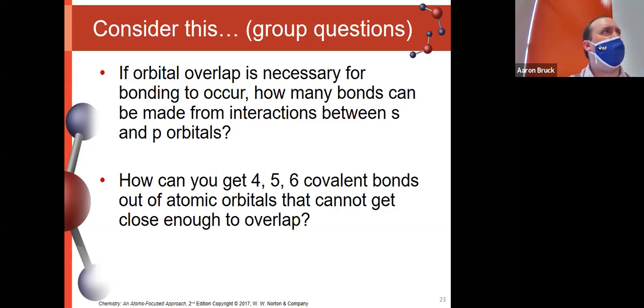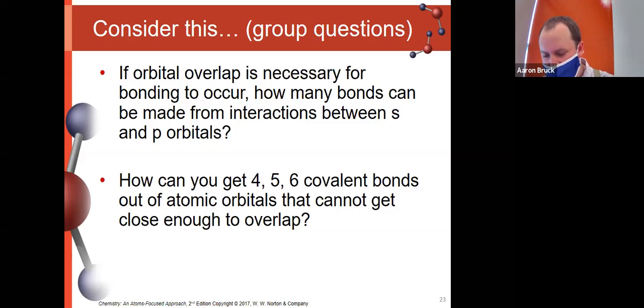We talked about valence bonds. There are only 4 atomic orbitals. How do I get 5 overlapping orbitals out of 4 atomic orbitals? How do I get anything more than a couple bonds if I don't have any pi bonding?